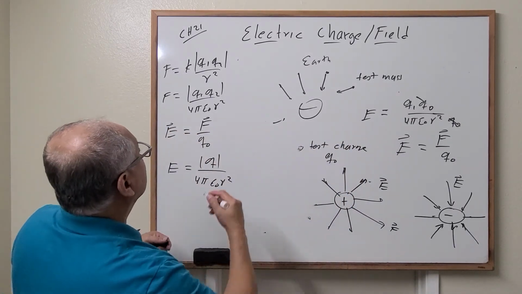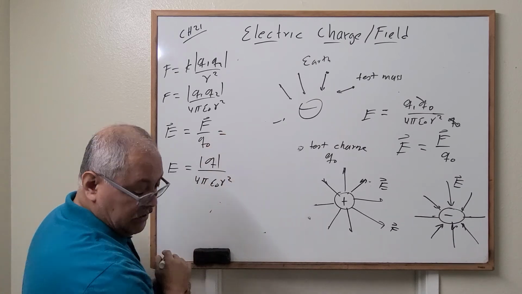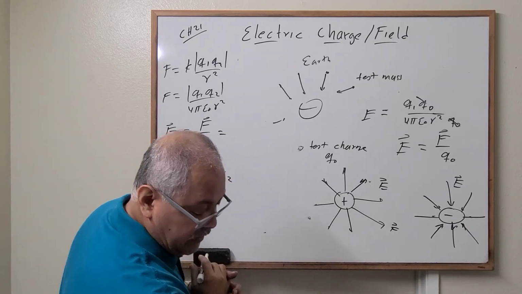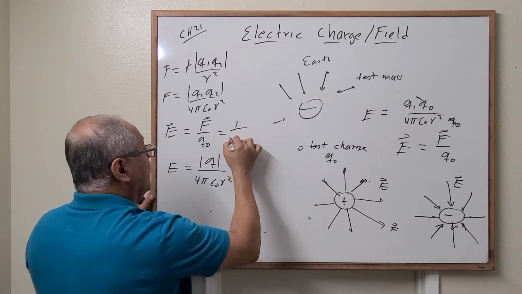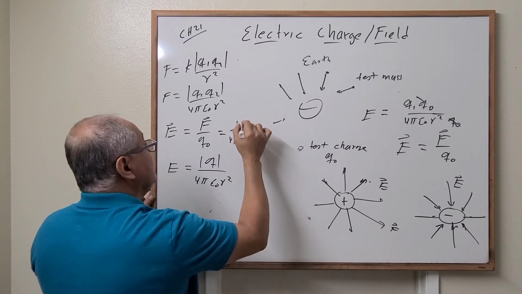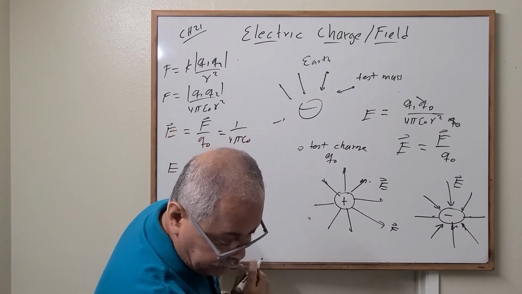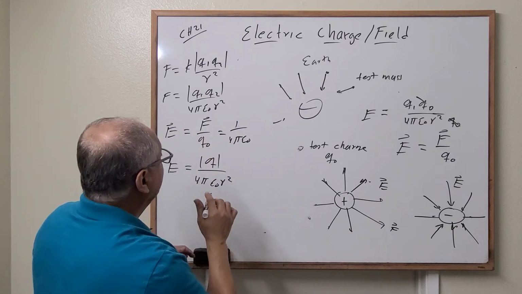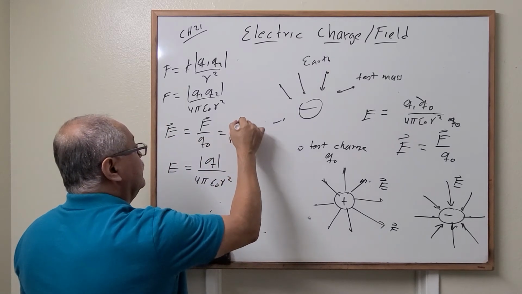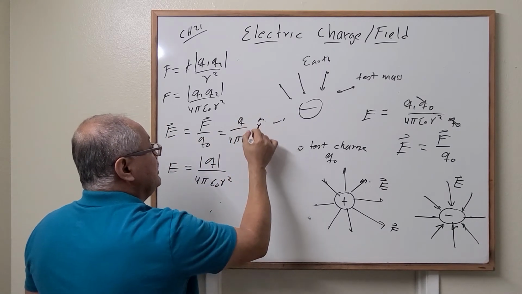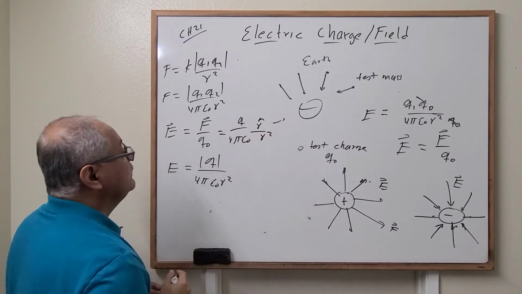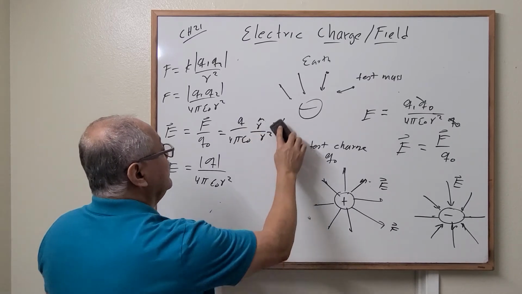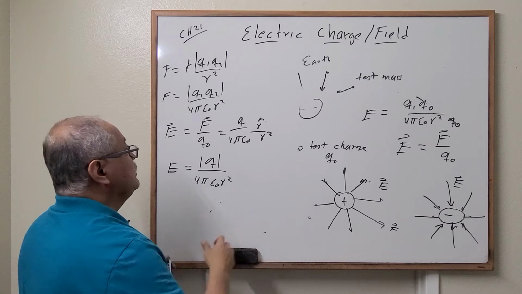If I look in my notes, we can also represent this as 1 over 4 pi epsilon naught, right? It's going to be the charge, using the unit vector notation. Correct. It's another way to represent it.